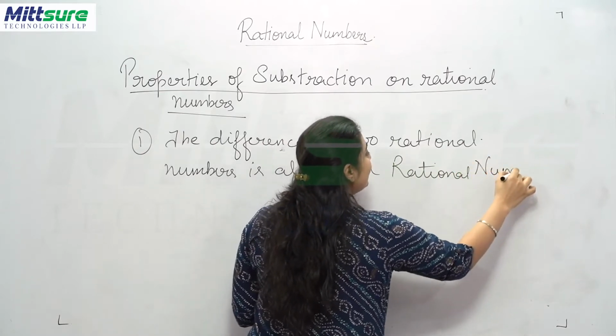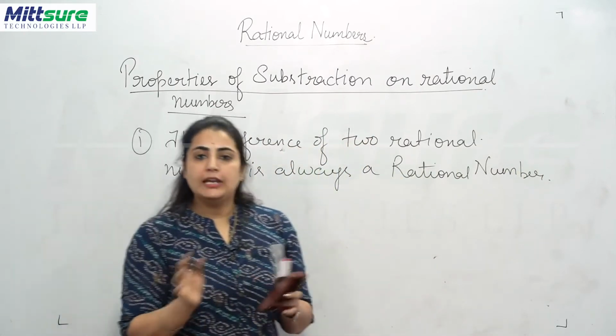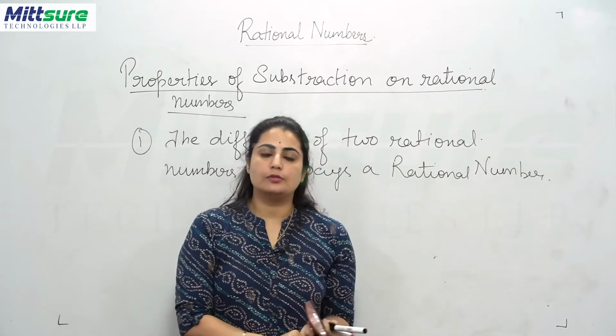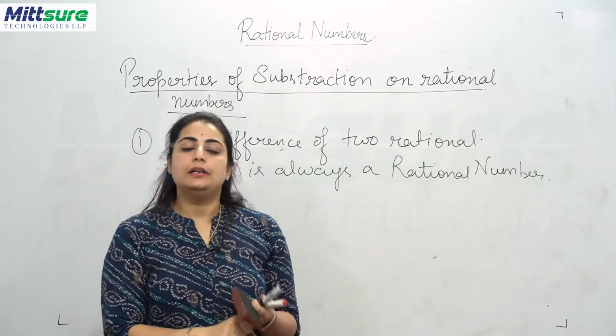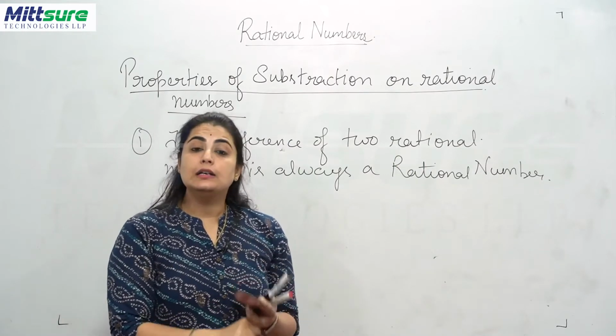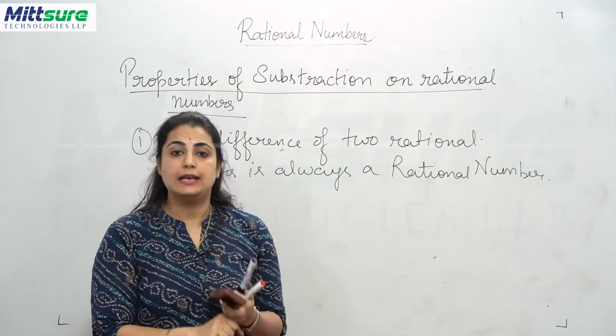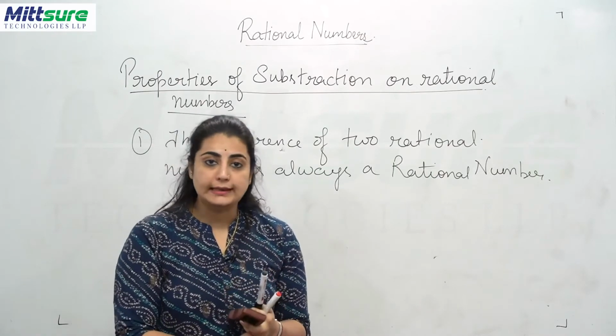So you can basically call it the closure property also. If you change the position of the two numbers, or whatever kind of subtraction is taking place between the two rational numbers, the difference will be a rational number only. Fine.